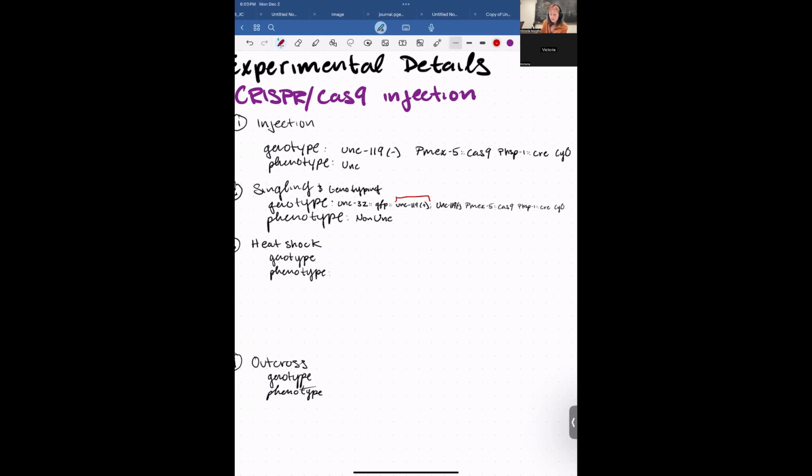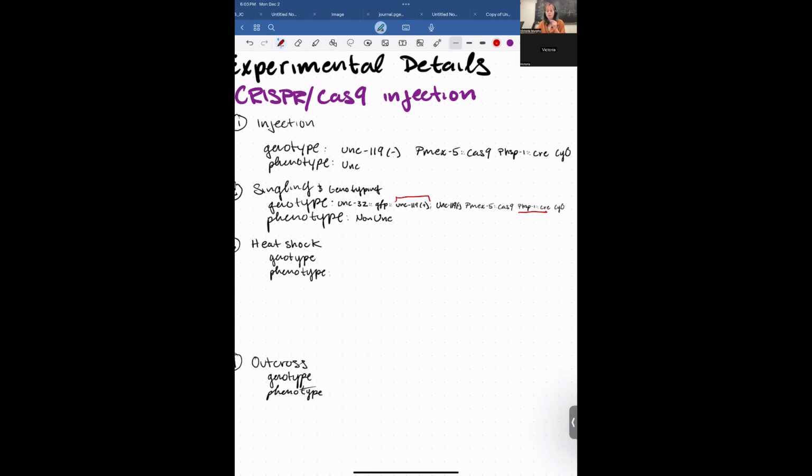The UNC119 rescue is between two LOX-P sites, and the region between two LOX-P sites can be excised by the action of Cre recombinase. Now, we have this transgene, which has the promoter for a heat shock protein.